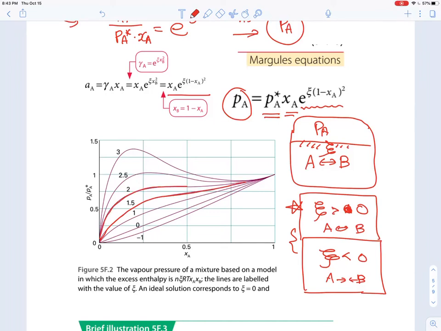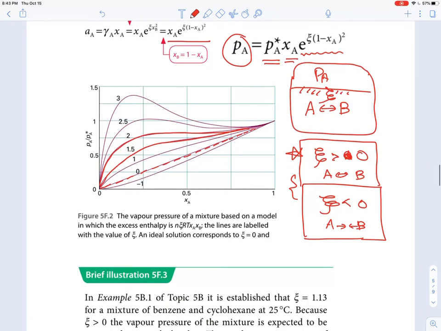And this is essentially a deviation from the value it is supposed to be when there is no difference in interaction between A and B and A with A. Okay, and so that's what the value should be.